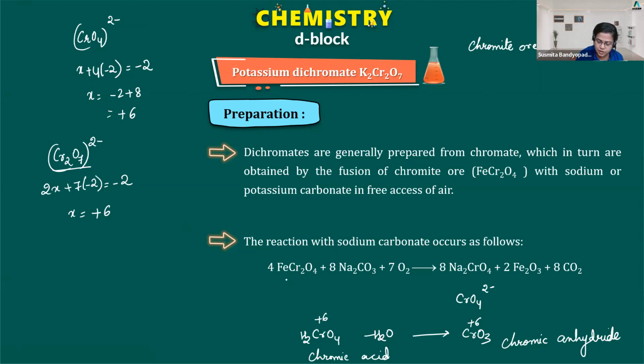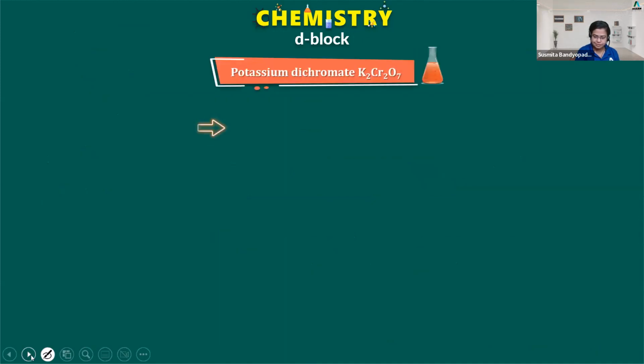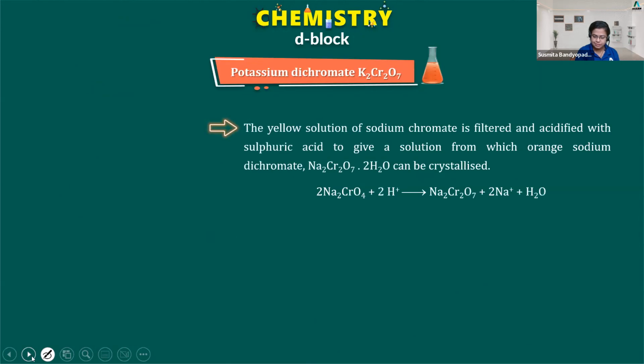So this chromite ore, in the presence of Na2CO3 and O2, gives you sodium chromate. Chromate in acidic medium gives you dichromate.